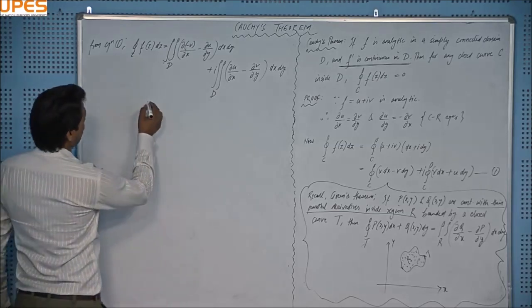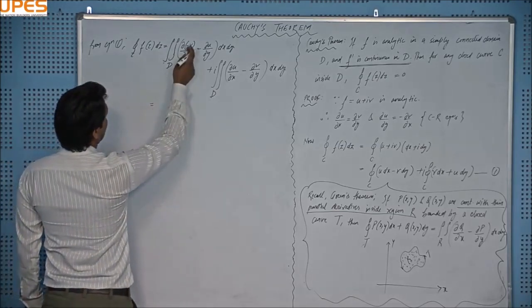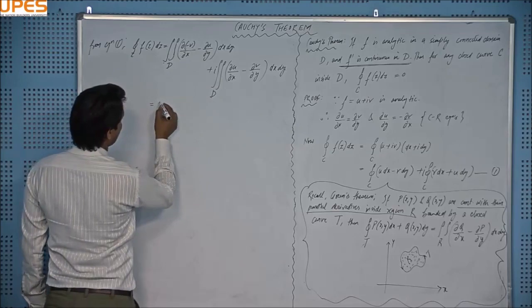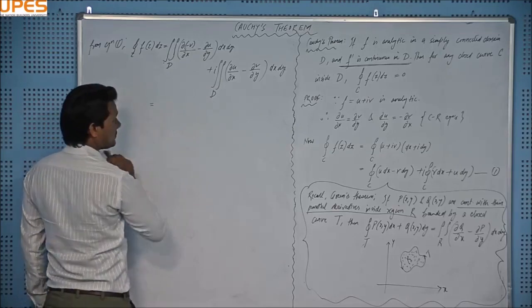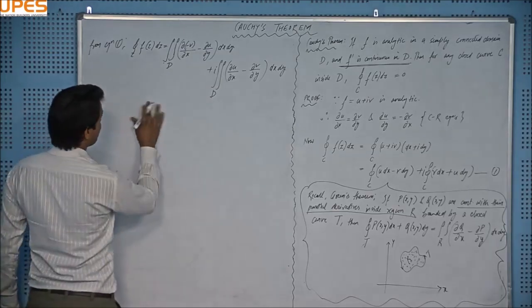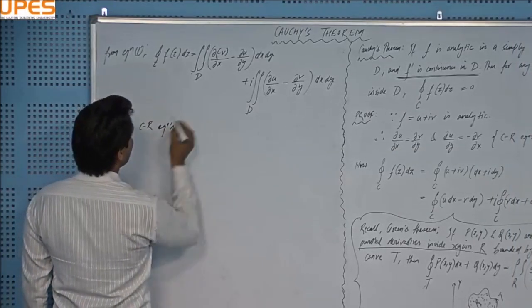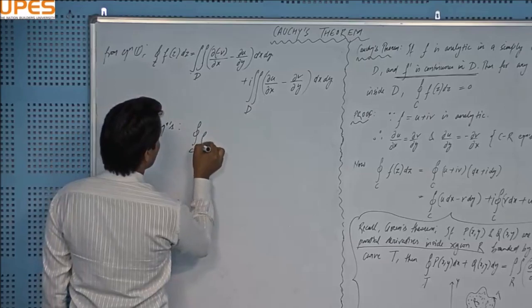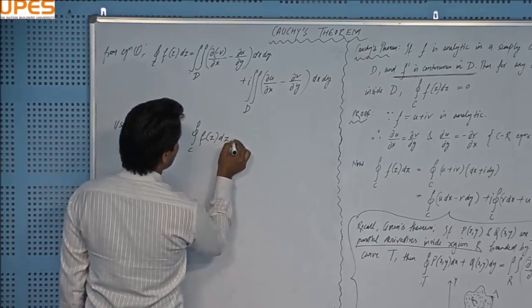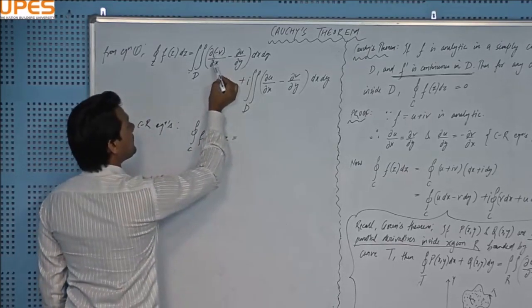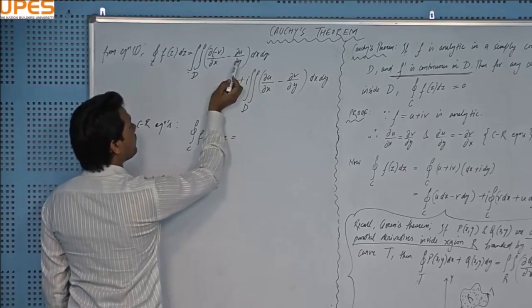Then a negative sign will appear here, and I will use the Cauchy-Riemann equations. Here I will get the integral over C of f(z) dz, and that becomes minus of del v by del x, which is equal to minus of del u by del y.